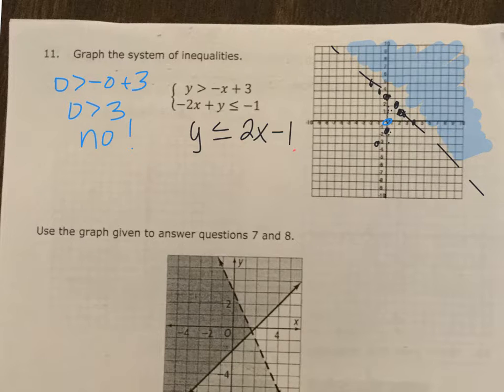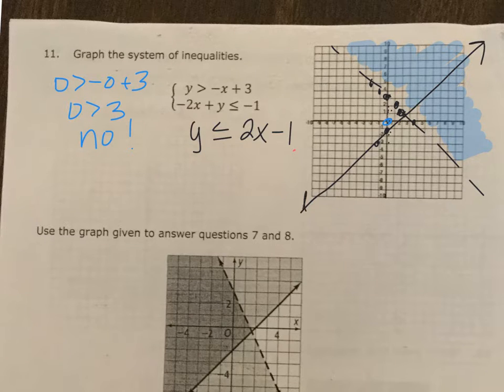You know, I think the points do intersect there. Someone told me that, but these are inequalities. So the solution of the system of inequalities is not the point where they intersect. It's where that shading intersects, because there are still a whole bunch of solutions for these. All right, so that's less than or equal to, so that's going to be a solid line.